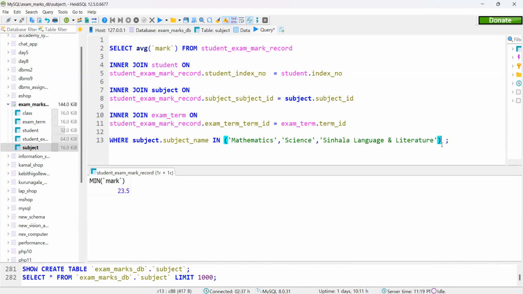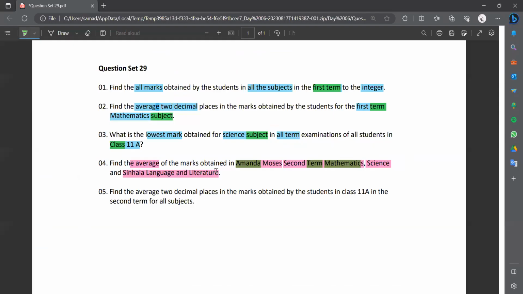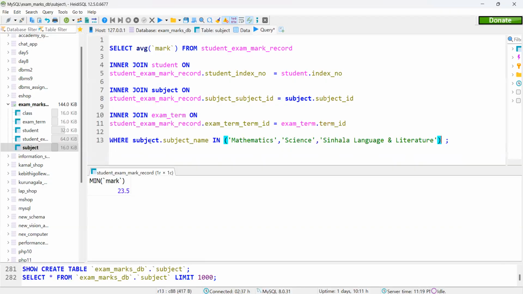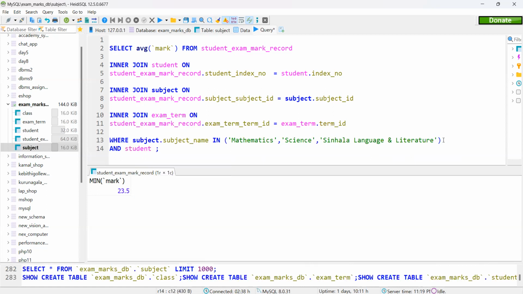We need the average mark for this student, and bracket that one.